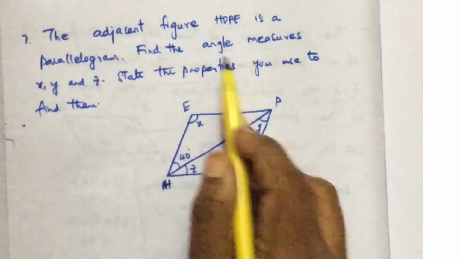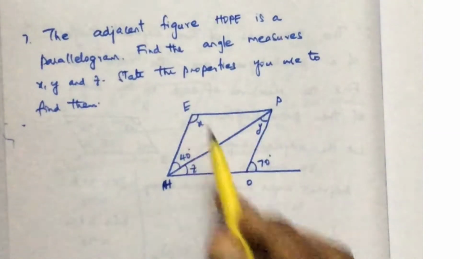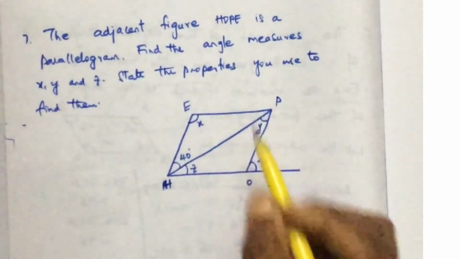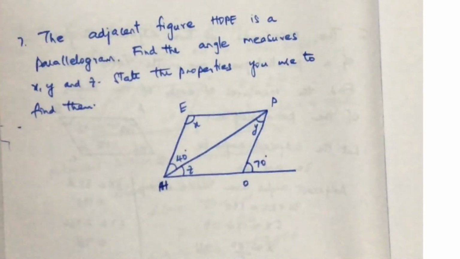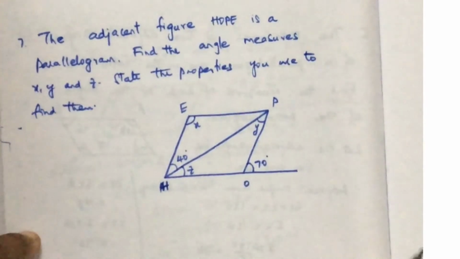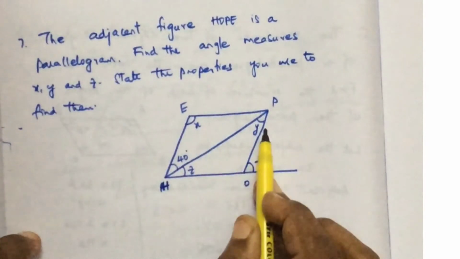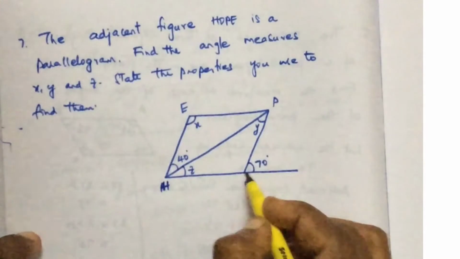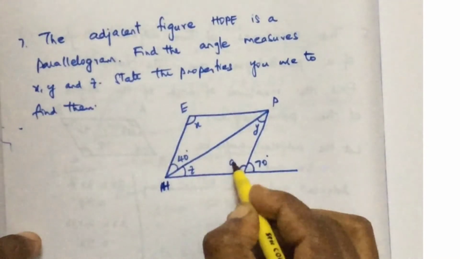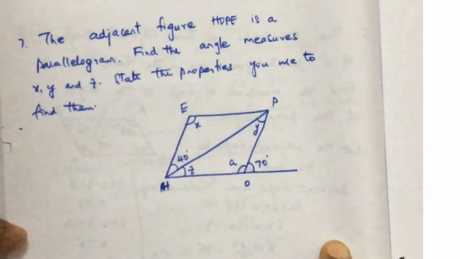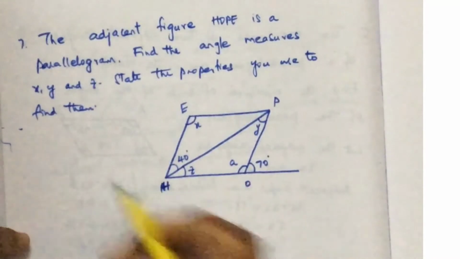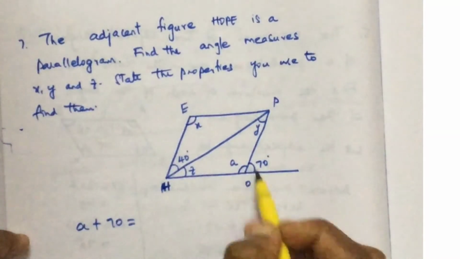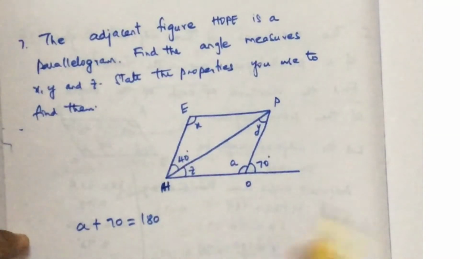The adjacent figure HOPE is a parallelogram. Find the angle measures X, Y, Z. State the properties you use to find them. Here is X, here is Y and here is Z. Now let me name this angle A. So angle A plus 70 should give 180 degrees.